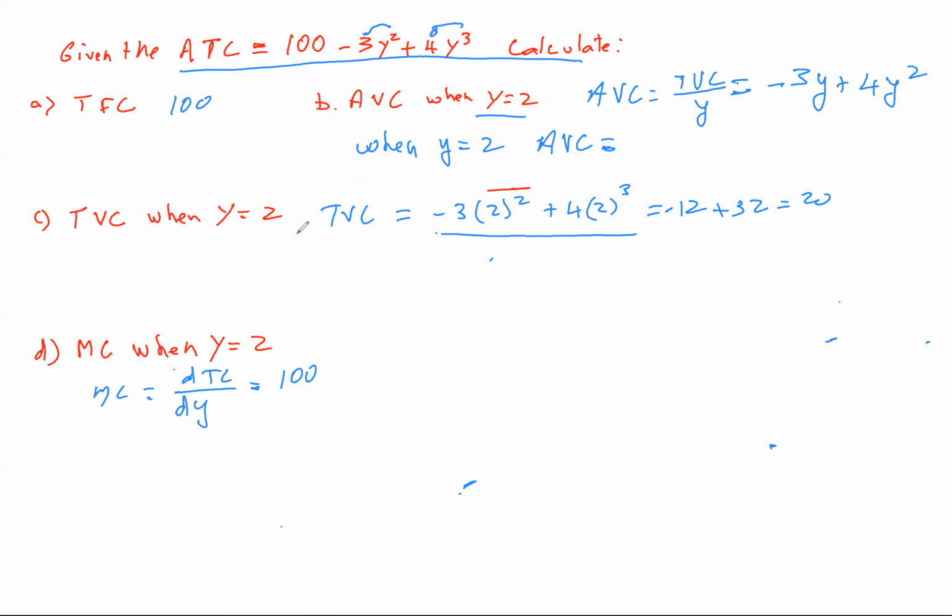So I'm going to work one example here, where the total cost equals 100 minus 3y squared plus 4y to the power 3. And you want to calculate the total fixed cost, so that is easy, it's 100. It doesn't move. The total variable cost is the remaining part over here.